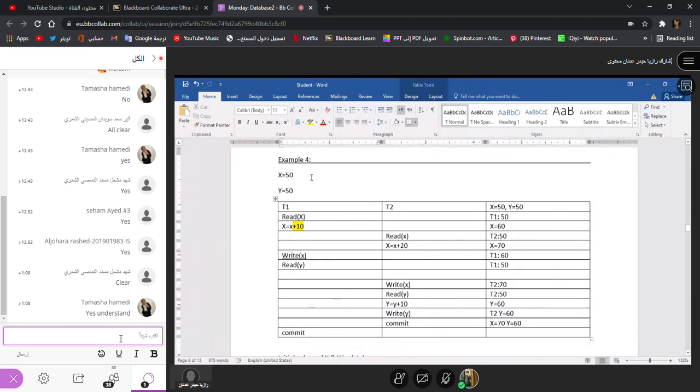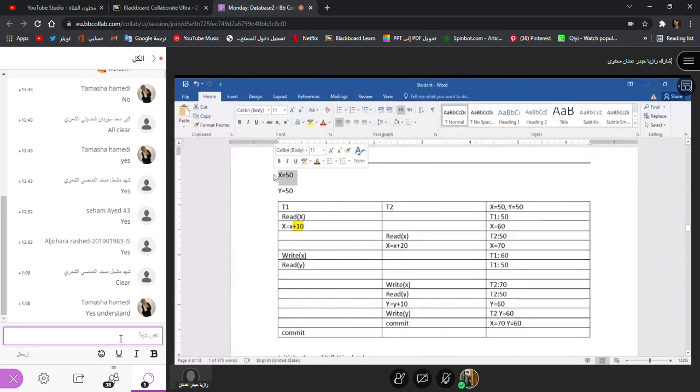Now let's solve it. This is lost update. Two transactions are working together and they are working with x and y. So we have to see the actual values of x and y. So the starting value of x and y is 50-50. Okay, so this is transaction 1, transaction 2, and here are the initial values for the data items x and y. So we read x. So what is the read x? 50 from here.